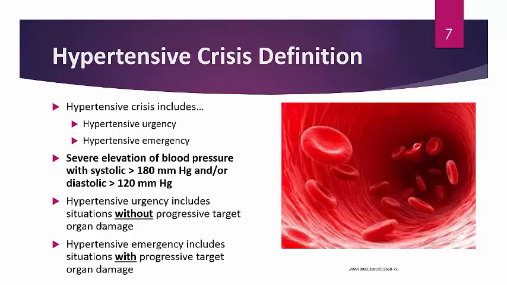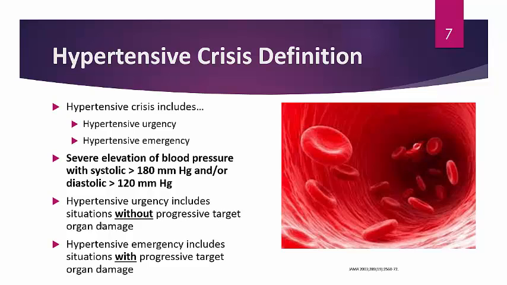In terms of what hypertensive crisis actually is, hypertensive crisis can be broken down into two subsets: hypertensive urgency and hypertensive emergency. With either one, the definition is a severe elevation of blood pressure with a systolic blood pressure greater than 180 and/or a diastolic greater than 120. So you can have either of these criteria, systolic greater than 180 or a diastolic greater than 120, or both of these criteria in order to meet criteria for hypertensive crisis.